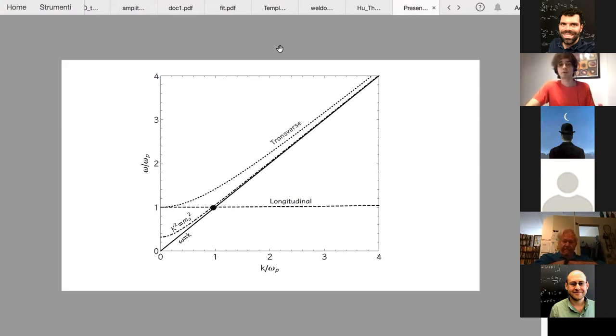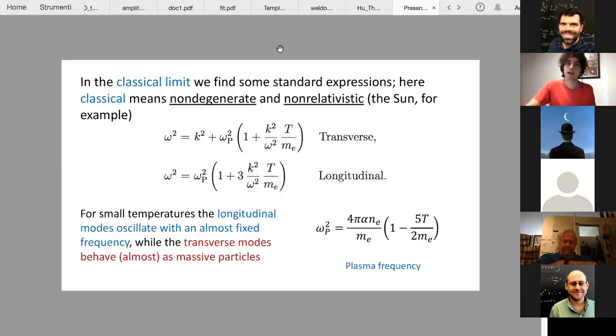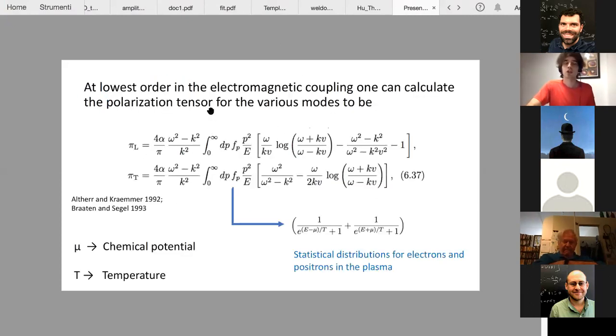What sets the frequency omega of the transverse mode when k equals 0? Yes, okay, this is a good question. In both cases, essentially, if you go back to this integral, you see that to get this, you have to do a limit in this integral.